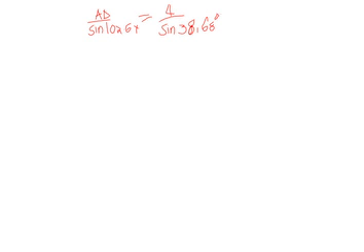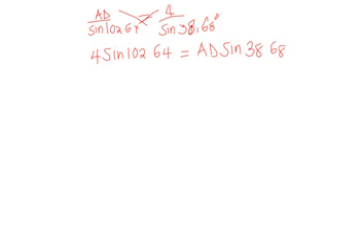We cross multiply, and we have 4 multiplied by sine of 102.64 should be equal to the length of AD multiplied by the sine of 38.68 degrees. To get the value of the length AD, we divide both sides by the sine of 38.68 degrees.